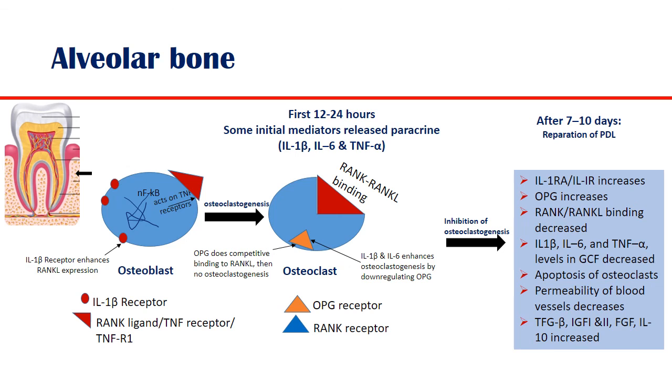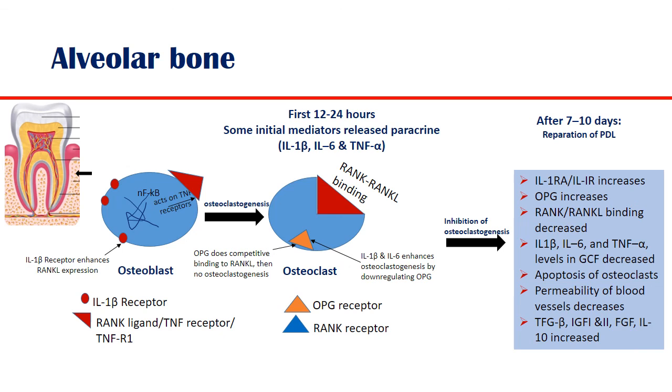So now when RANKL comes, it doesn't know where to bind: on RANK or on OPG, that is osteoprotegerin. If it binds with OPG, no osteoclastogenesis is going to happen. So it is important that RANKL binding occurs for osteoclastogenesis.